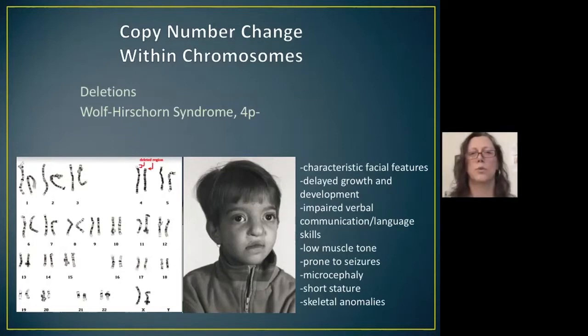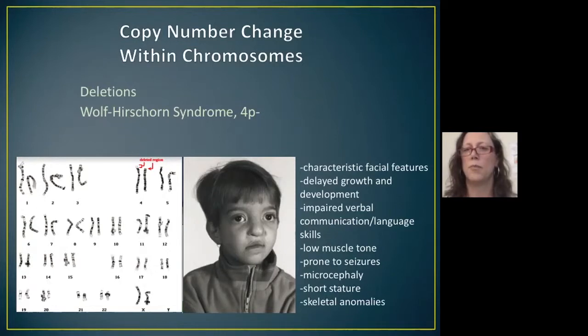Yeah, sure. No worries. So now we'll continue talking about copy number change within the chromosome. This little girl in front of us has Wolff-Hirschhorn syndrome, characterized by a loss of genetic material at the end of the P arm.